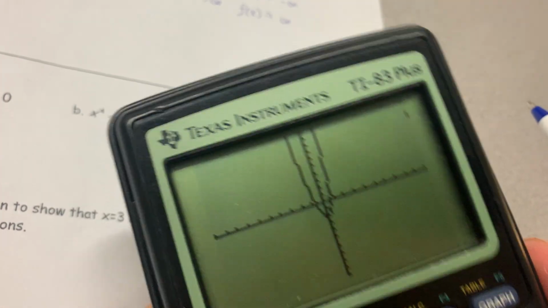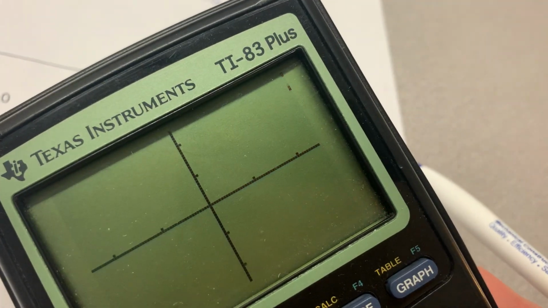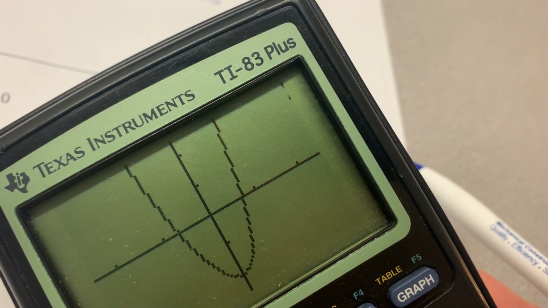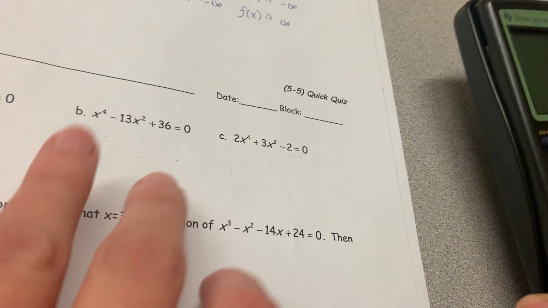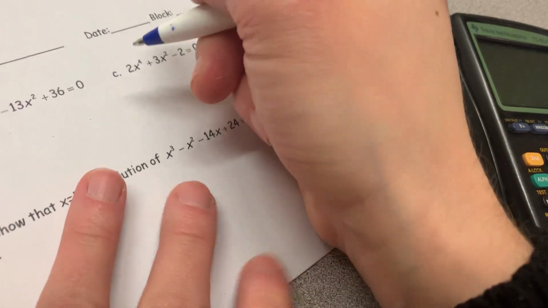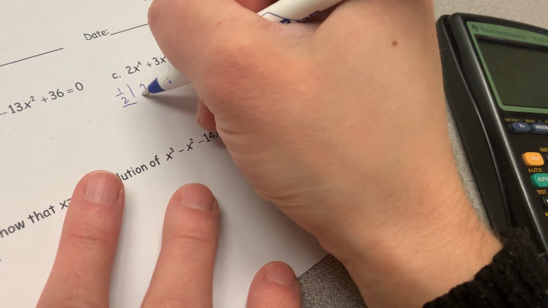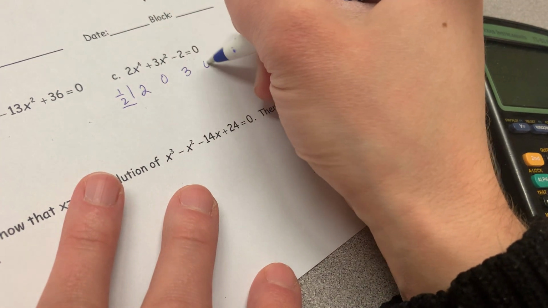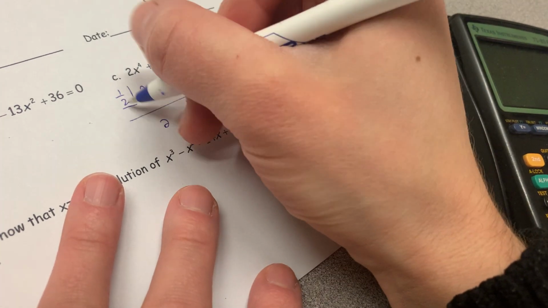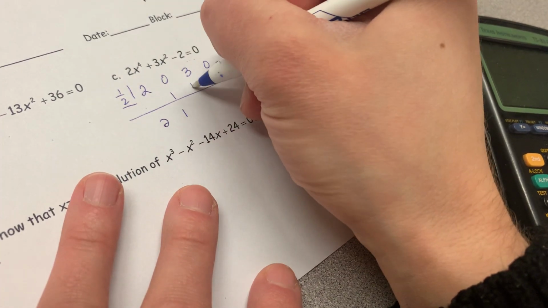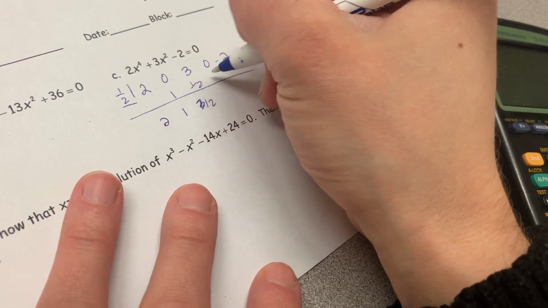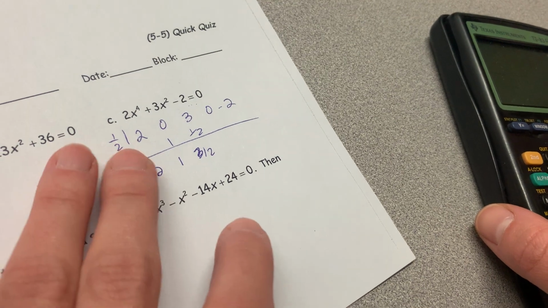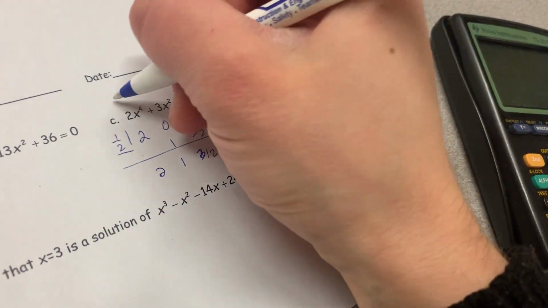Oh, I see I cross at, zoom in. Those aren't pretty numbers. Maybe it's like a half. So let's try it. Does a half work? 2, 0, 3, 0, negative 2. Drop the 2, 1/2. 1/2, 2 1/2, or 3/2. 1/2, no, that's not gonna work. Okay, so use the rational root theorem, but let's see if we could just factor this like normal.